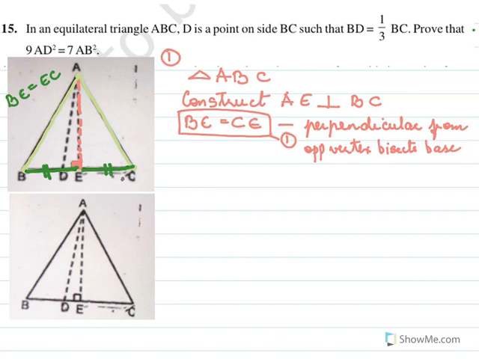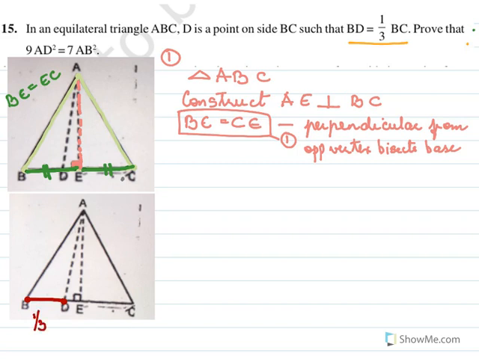Now in the second step, it is given to us that BD is 1/3 of BC. So which means now, this is B and this is D. And they said this BD is 1/3 of BC.